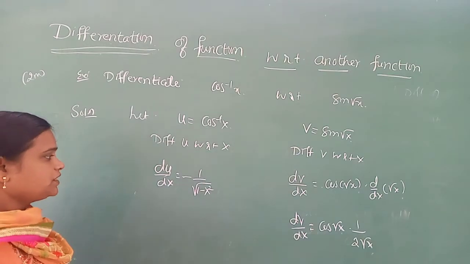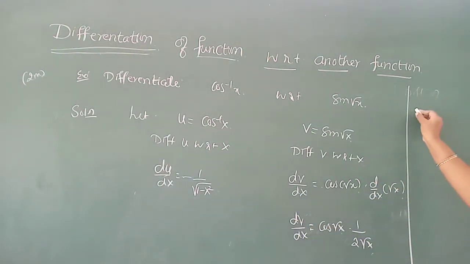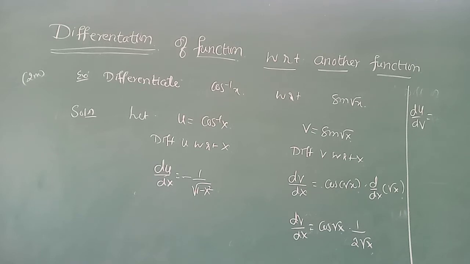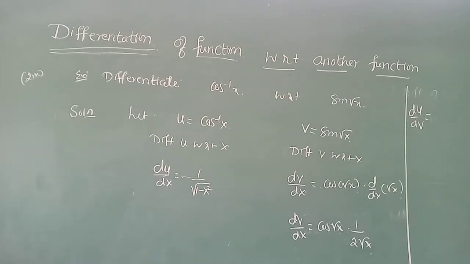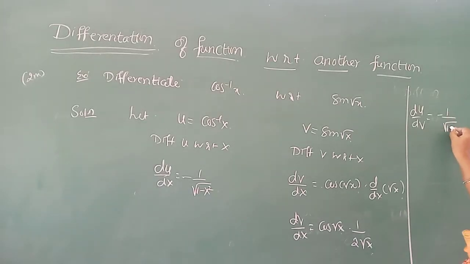Next, we need du by dv, the differentiation of the first function with respect to another function. du by dx is minus 1 by root of 1 minus x square.